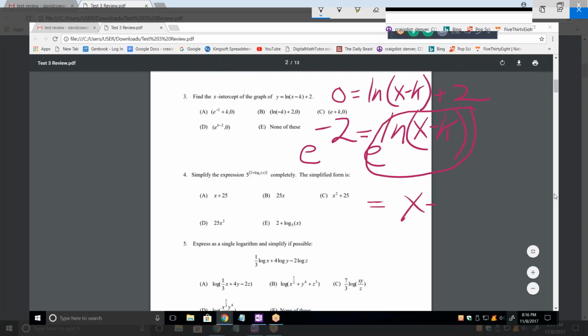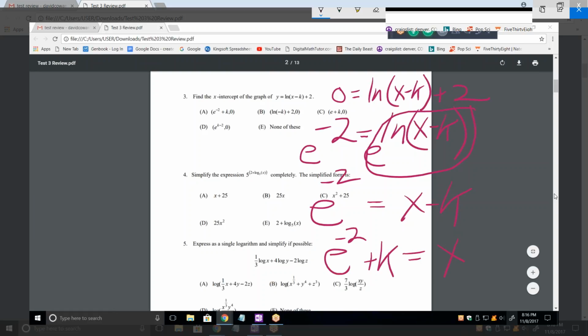Okay, and that's why we do it that way. This becomes e to the minus 2. So x becomes e to the minus 2 plus k. That is the x-intercept.